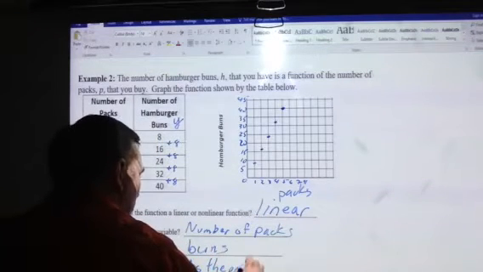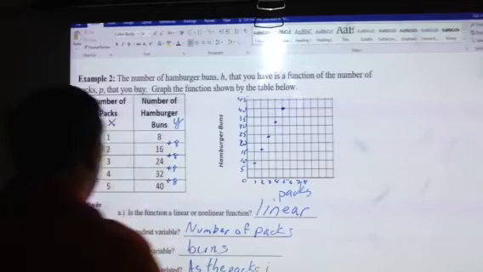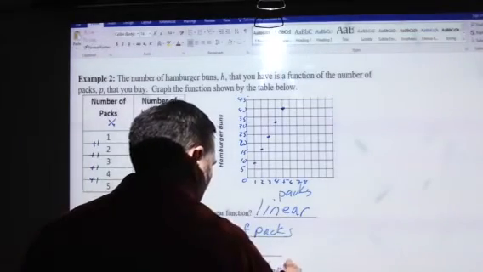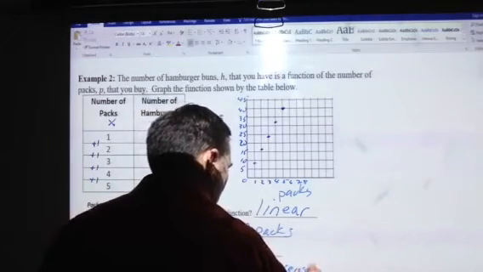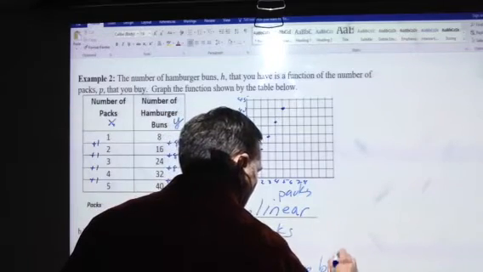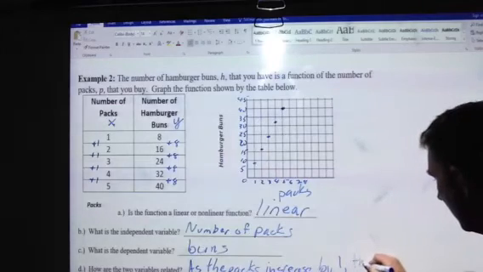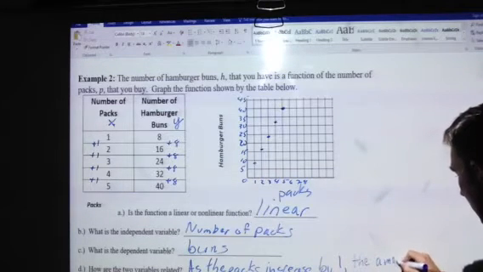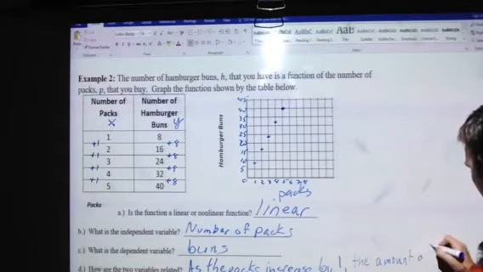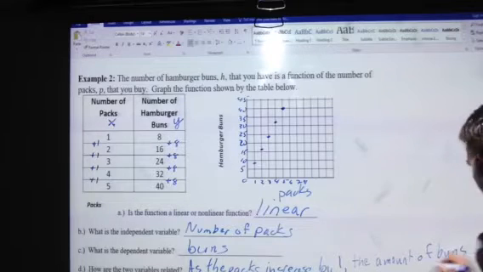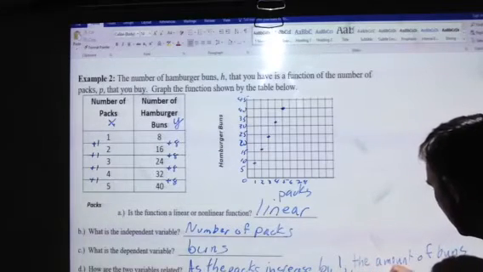As the packs increase by 1, and we're going to add a little bit of detail here, the amount of buns increases by 8.